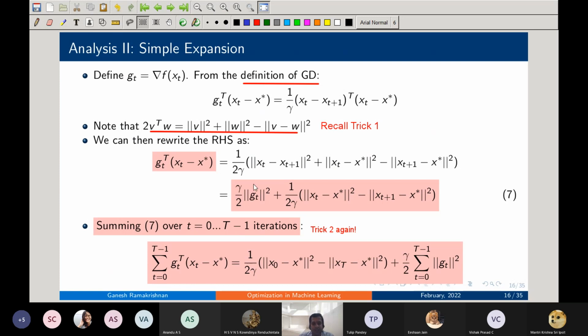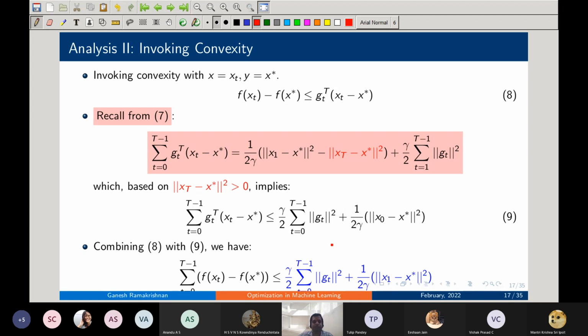Okay, and then we said this left hand side is equal to some expression. Now we had a way of dealing with this: xt minus x star, we said this is greater than 0. That comes next. So this is greater than 0. And then the other part was using convexity. On this we use convexity.